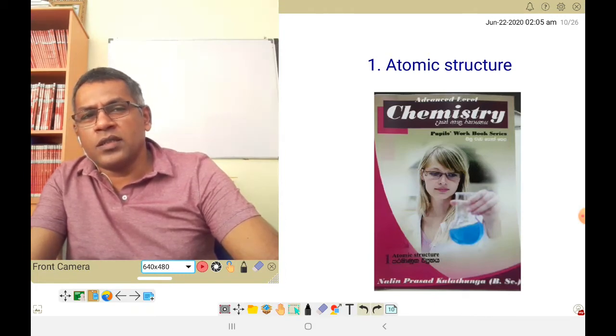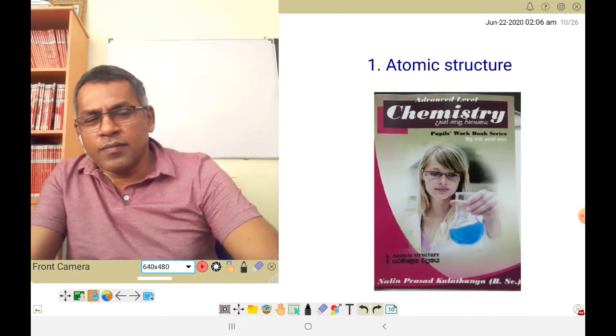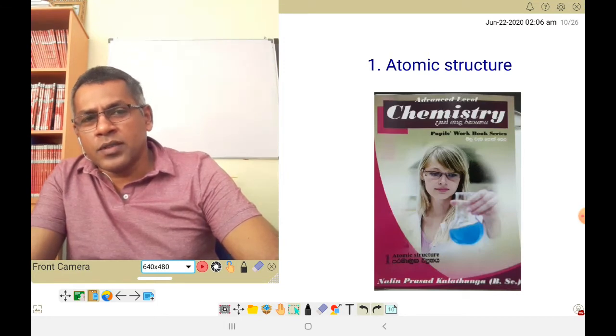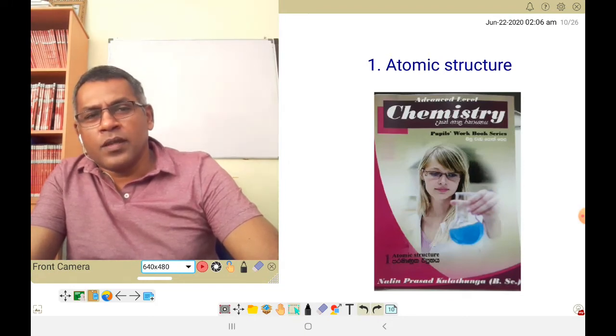Sometimes we can see mixtures of atoms and elements. Atoms are of different types. One type of atom can be called an element. There are 118 elements discovered so far. In the periodic table we can see 118 elements.